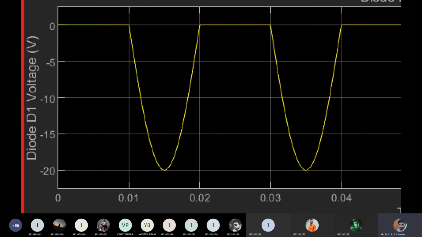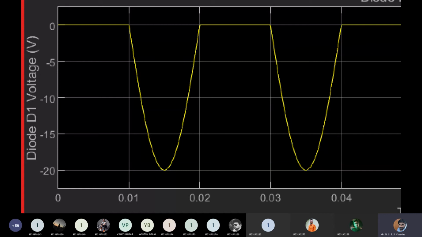So 0 means the diode is in conduction mode, in the on condition. When the diode is on, it acts like a simple on switch, and there is no voltage drop across your diode.